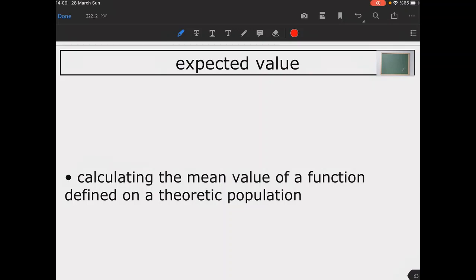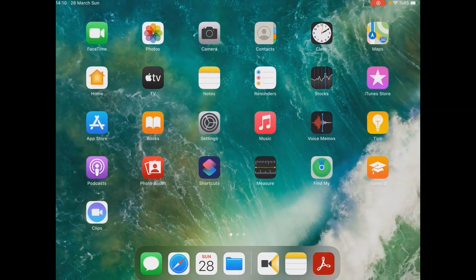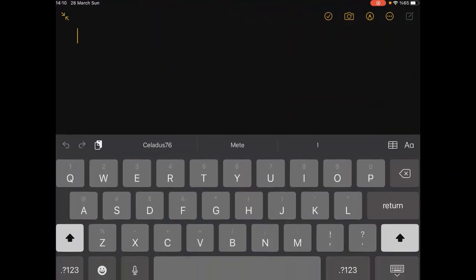Now we will talk about an important topic which is called the expected value. What we do here is, namely, calculating the mean value of a function defined on a theoretic population. Let me explain this with our famous example again.